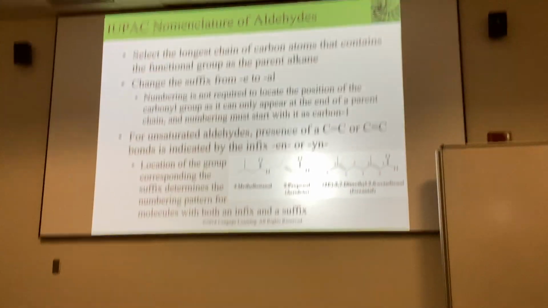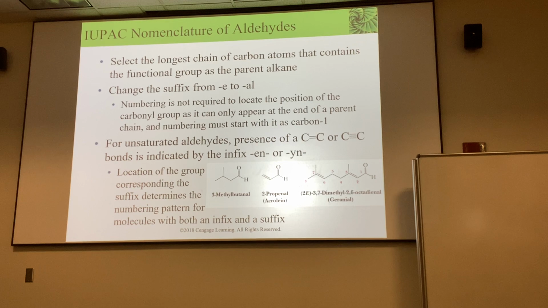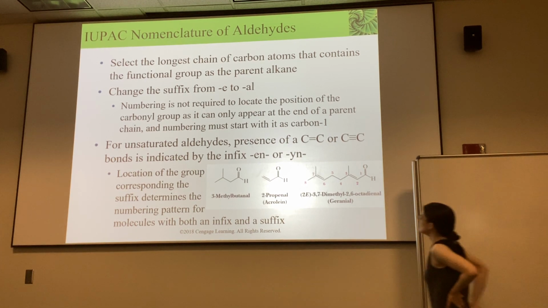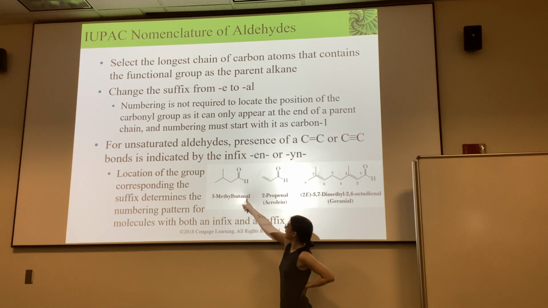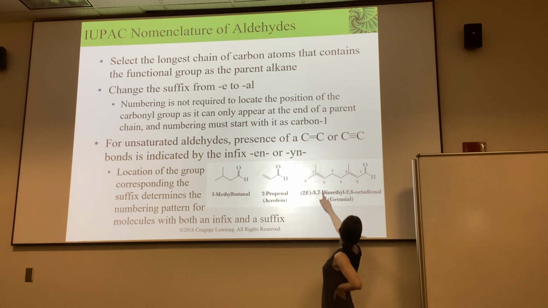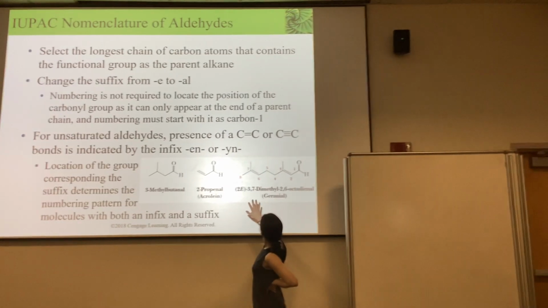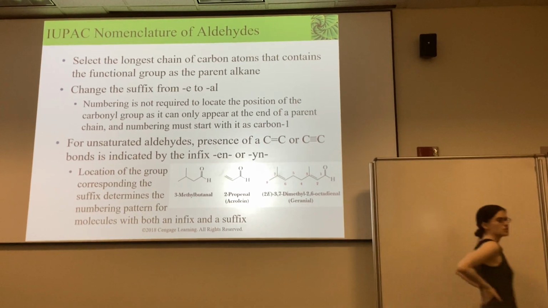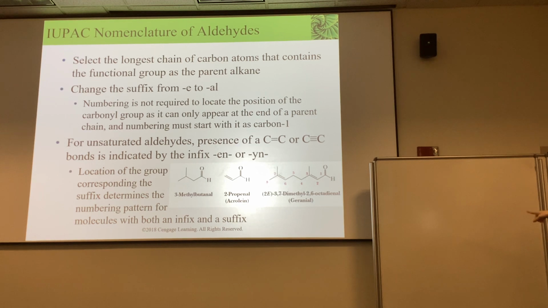Select the longest chain of carbon atoms that contains the functional group as the parent alkane, and change the suffix to "al" for aldehydes. You don't have to number it. If you've got a double bond or a triple bond in there, then instead of butanal you're going to have something like propenal, or there's no triple bond here, but you would have "ynal", so that you can indicate where the double bonds are.